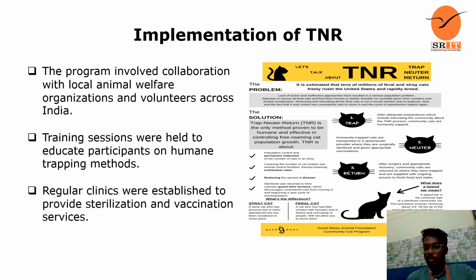These stray cats are not like our domestic cats. These are a little ferocious in the sense they show anger very quickly, so catching them is quite hard. So we'll teach the people how to catch these stray cats. And next thing is sterilization. We provide certain clinics, especially for the vets. We arrange vets from veterinary hospitals, and we provide sterilization and vaccination services to all the stray cats.